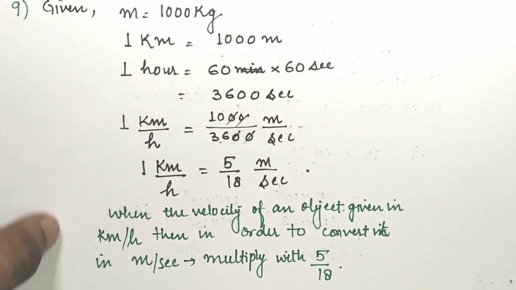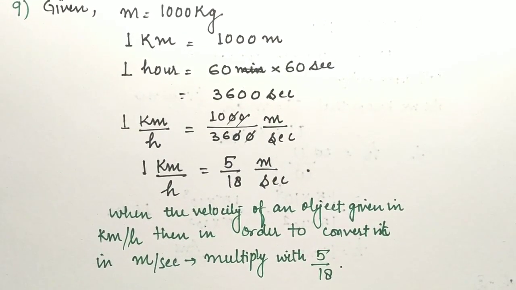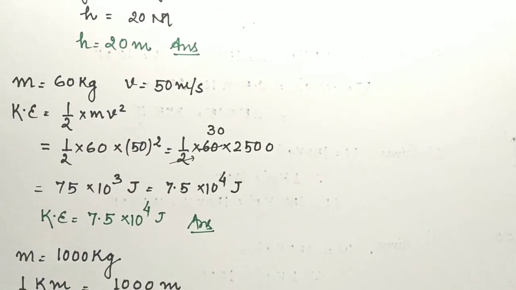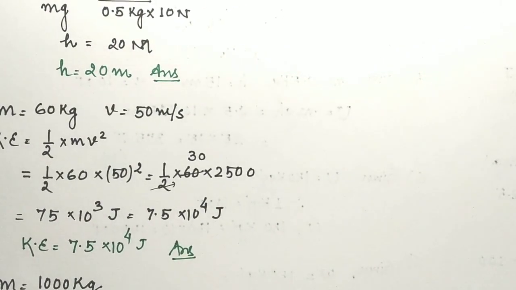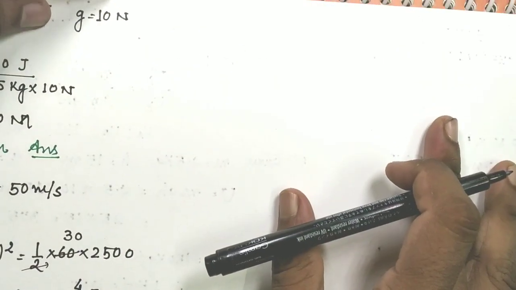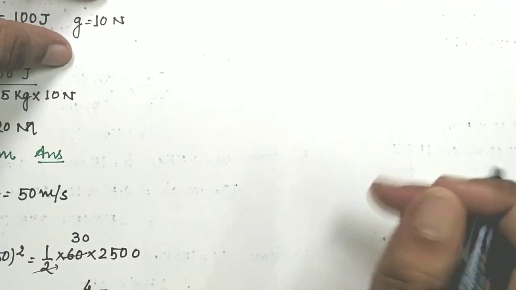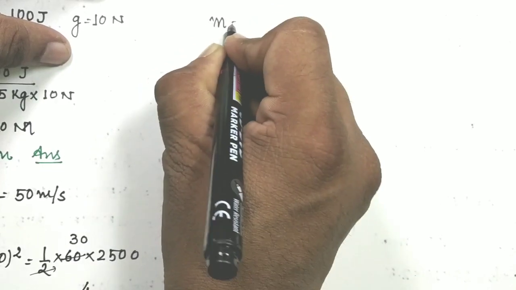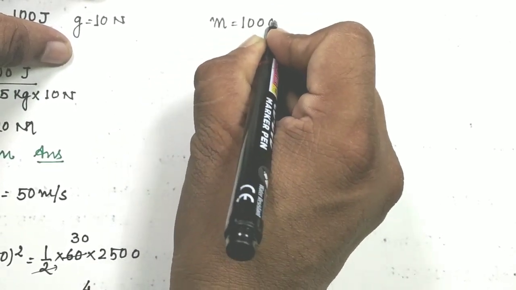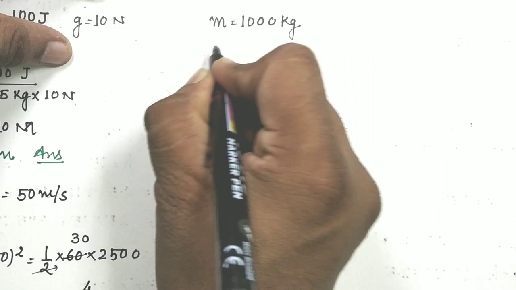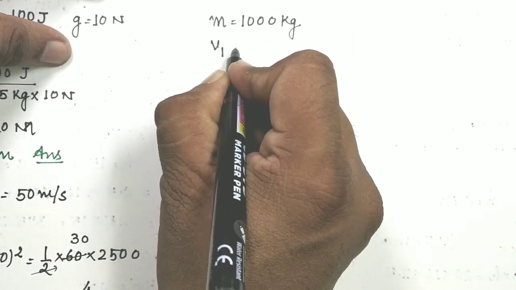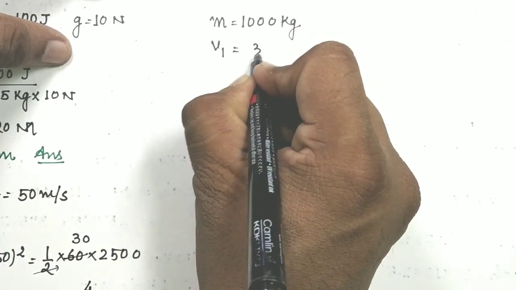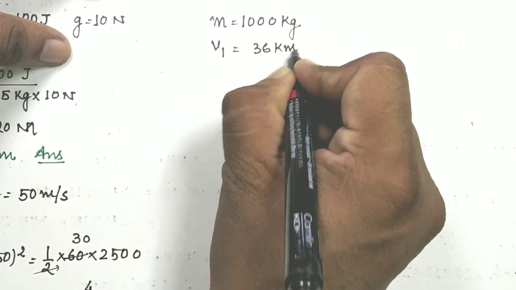So let's start. Here you can see what is given and what we have to calculate. Students, in this question, the mass of the truck is given as 1000 kg, and its initial velocity, which is supposed as v1, is given as 36 kilometer per hour.